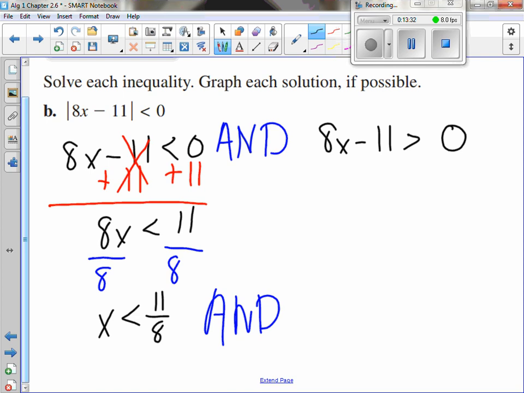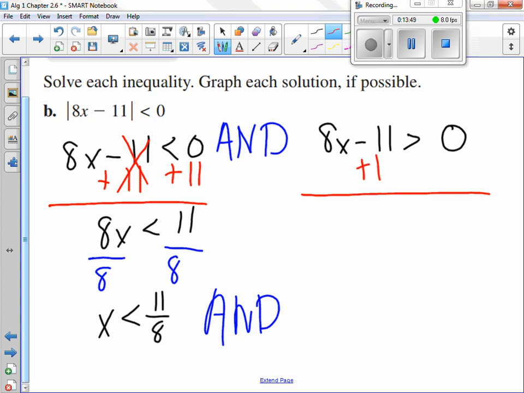Now we need to solve the other side. Well, luckily for us, most of these, when we solve them, the steps are going to be the same. So what did we do first? We added 11.